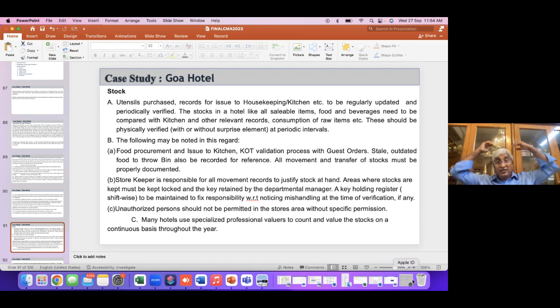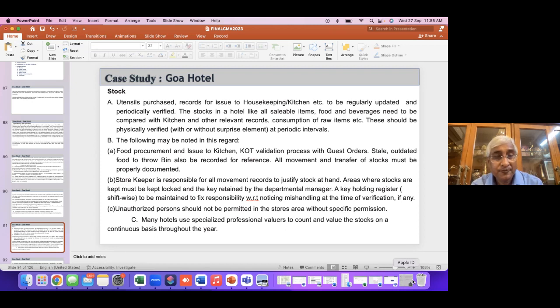Maybe it has gone out by some unauthorized process, or maybe they are buying in such high quantity which is not required to cater to the requirements of the customers, visitors and travelers who are in the hotel. So again, there will be a problem.